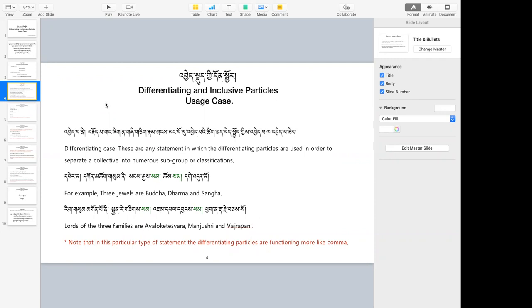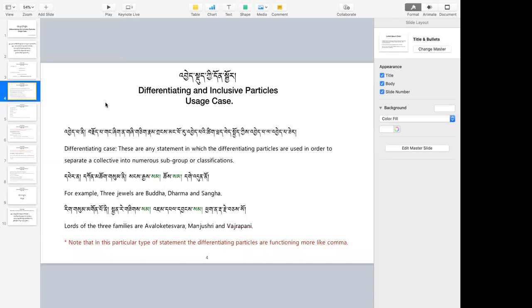So here we see that these 11 are known as differentiating particles. Why? Because these are used in statements that are of the nature of differentiating. So in this case, we cannot call them differentiating and inclusive particles. We have to call them differentiating particles.